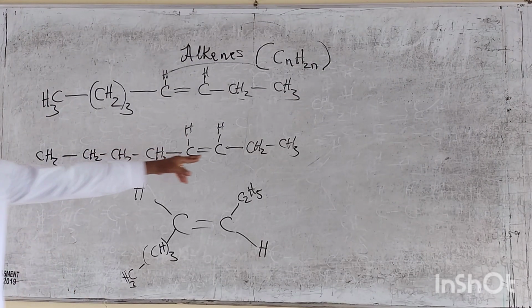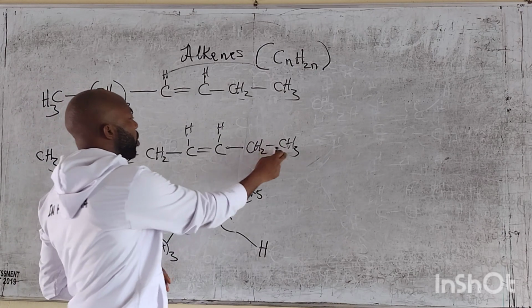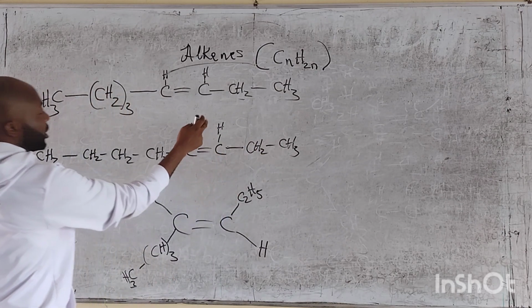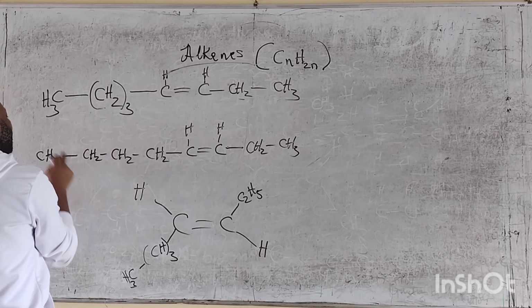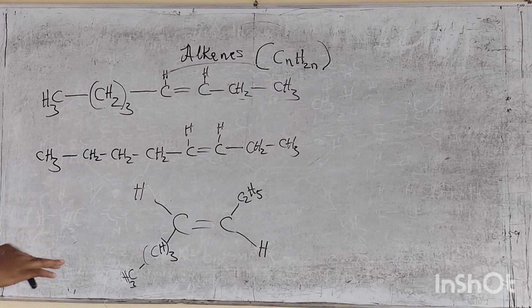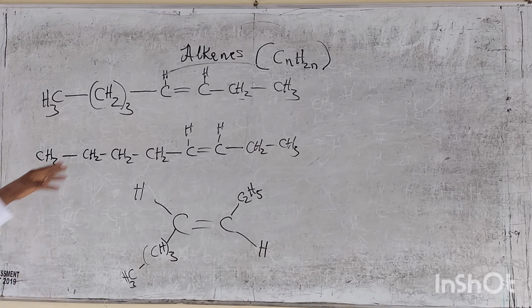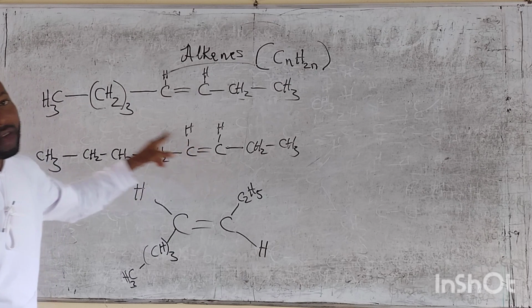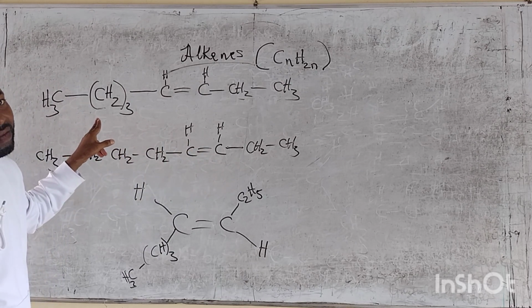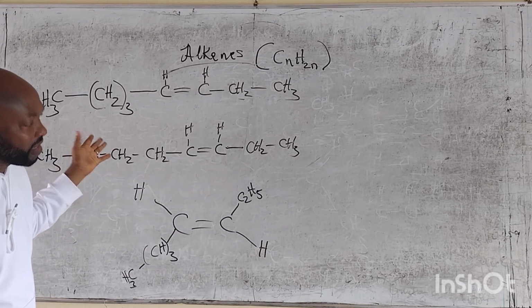But what is the name of this compound? You come here: 1, 2, 3. The double bond is on carbon 3. Then 4, 5, 6, 7, 8. The parent chain is the octane chain. Double bond, octane, perhaps. So this is 3. Name it.